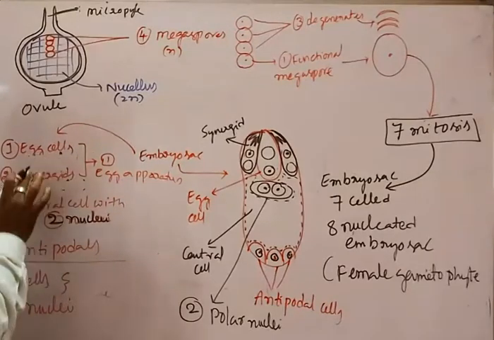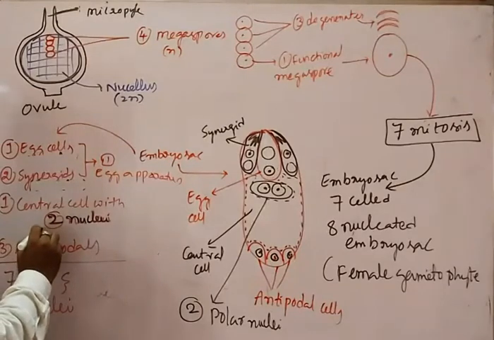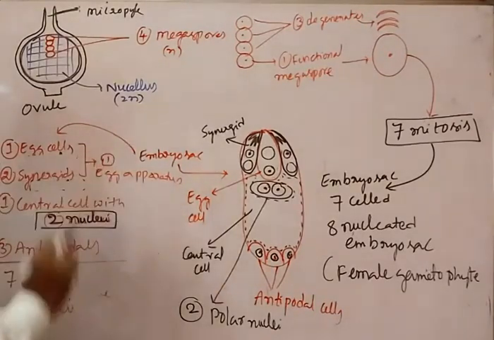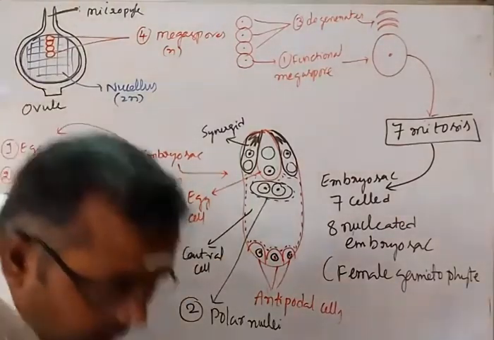This is 1, this is 1, this is 1, this is also 1. Only the central cell has 2 nuclei. So is it completed? Shall I clean the board?